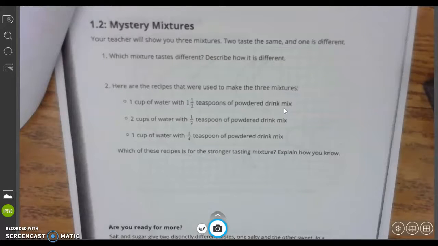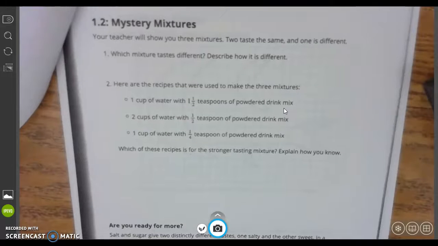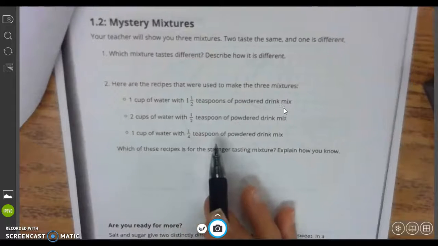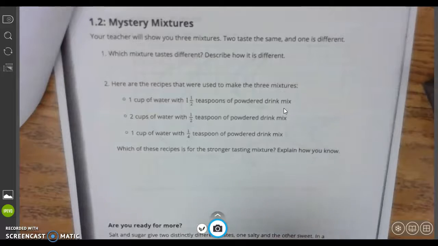If you use a very small amount, it's not going to taste very strong. Okay, so they're just wanting you to realize how the different ratios, if you don't have the exact same ratio of what the can says, then you're going to get a liquid that might taste a little bit funny.